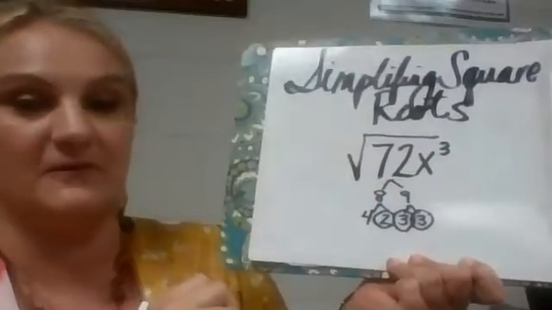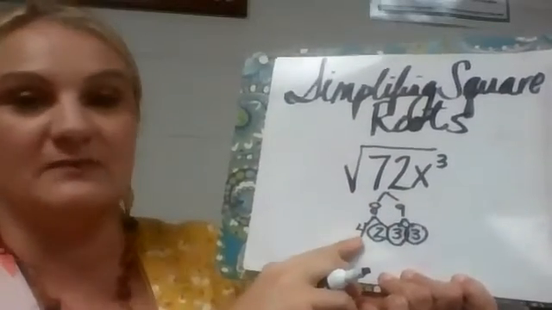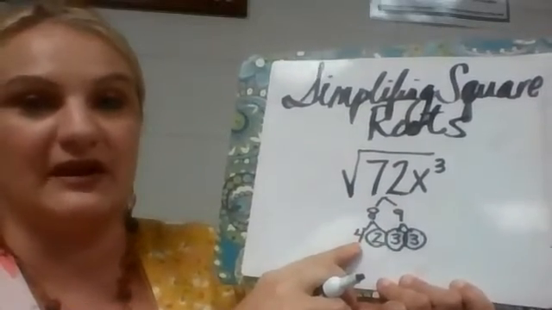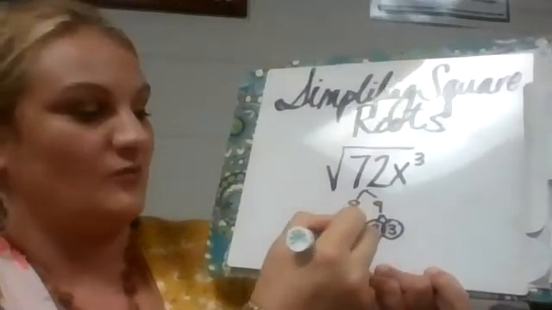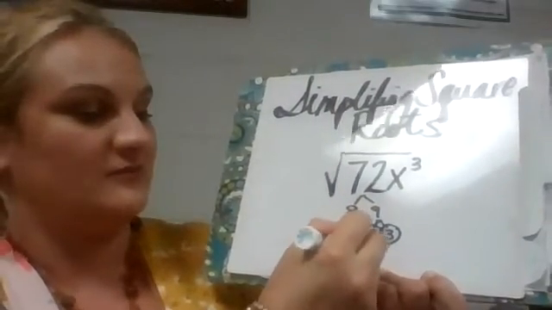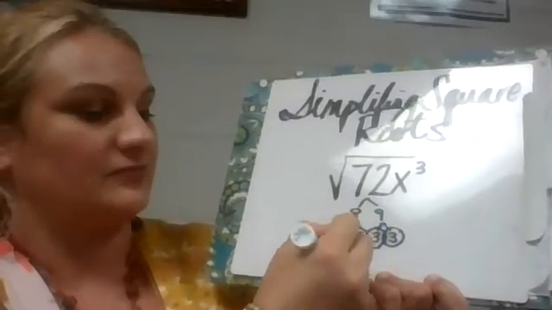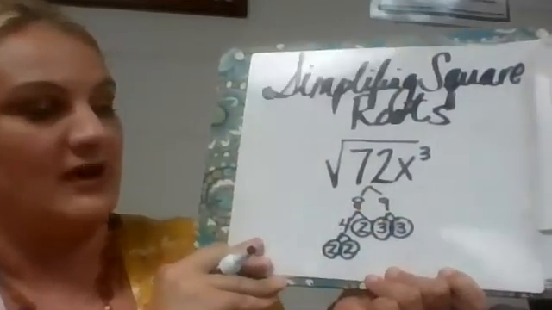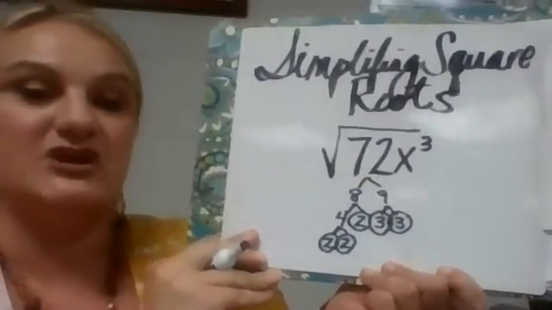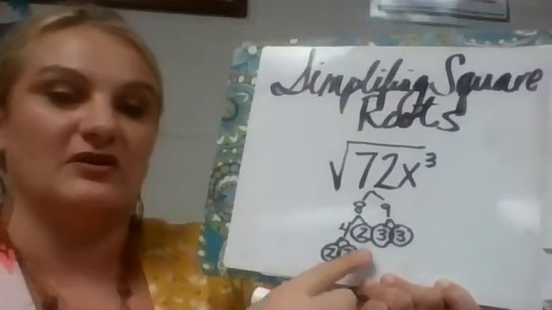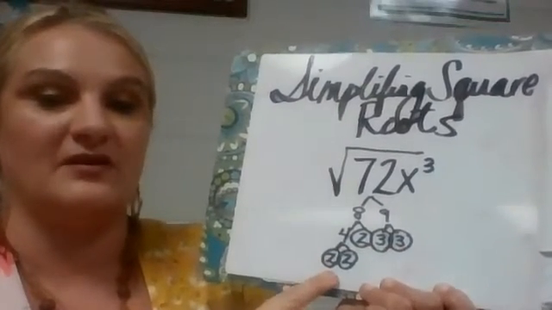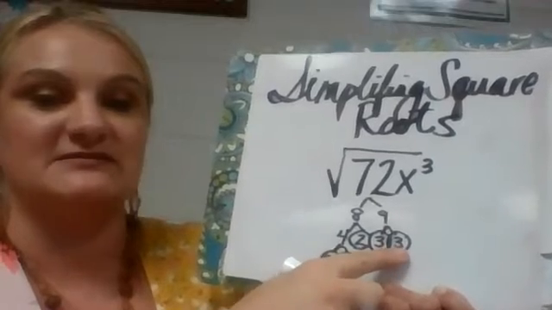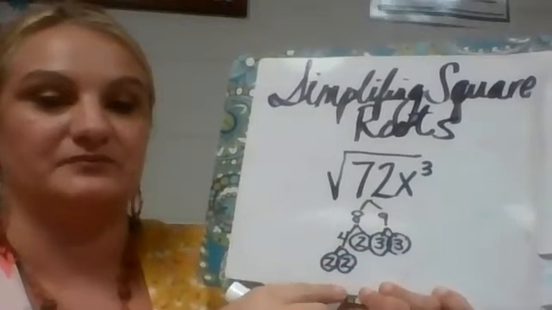It's a prime number. But I have to remember that 4 can be broken down to 2 times 2. So we have to break down 4. Okay? You have to double check to make sure that all of these numbers are prime and they are your last numbers that show up.